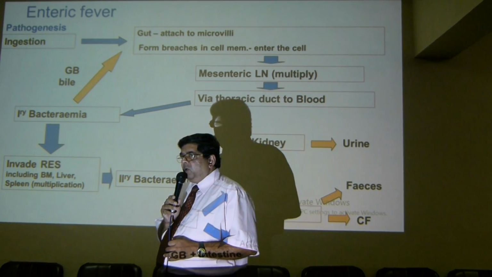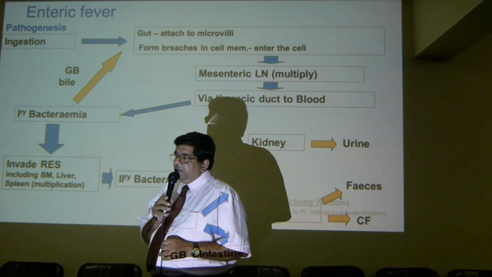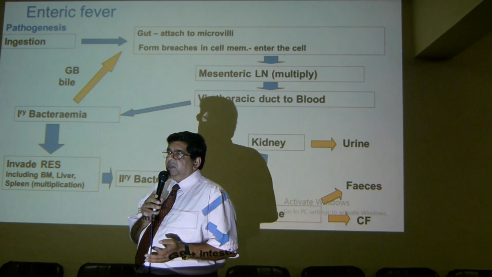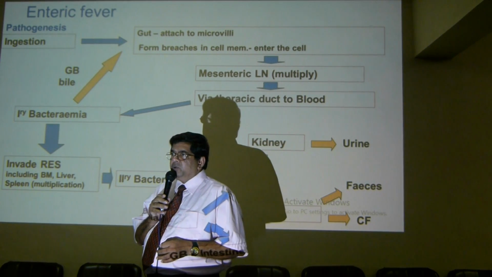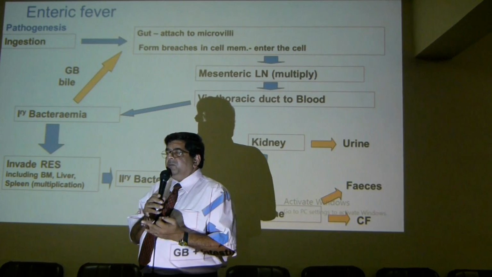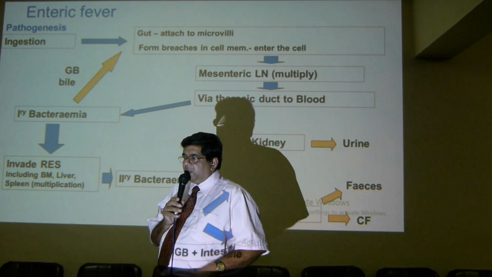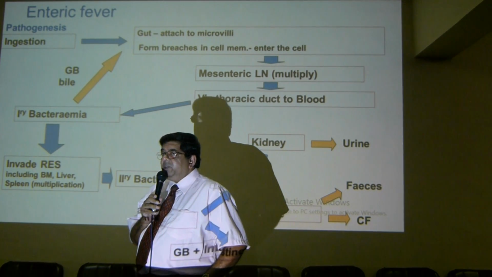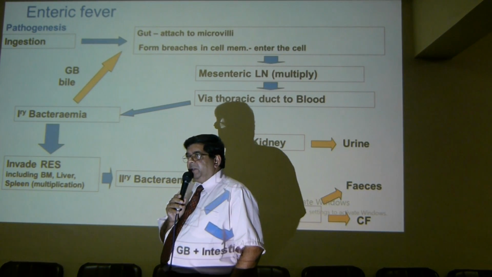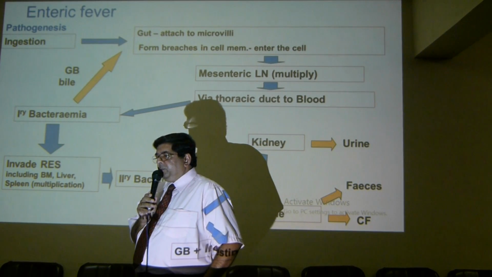Having reached the small intestine, the ileum, they enter through the endothelium and get into the submucosal lymphatics, and through the lymphatics to the intestinal, mesenteric lymph nodes.